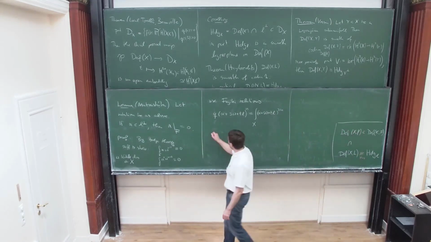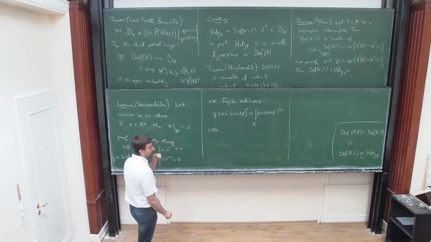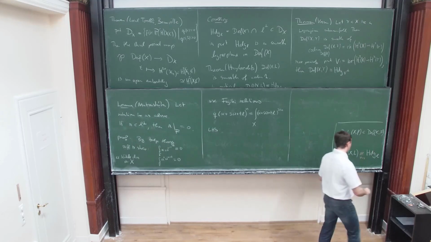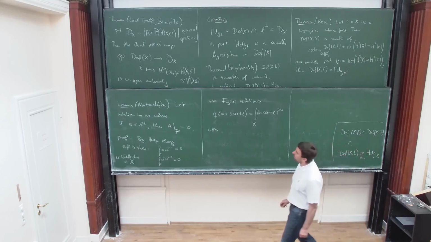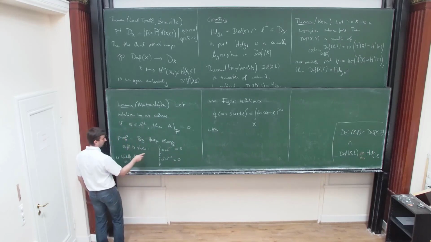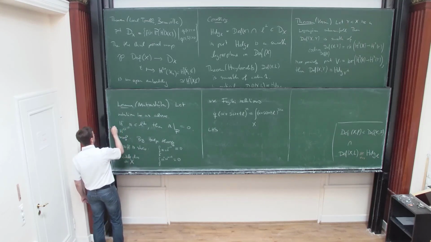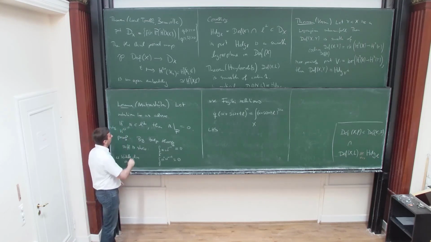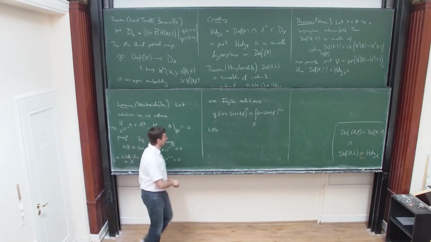Okay. So this alpha is supposed to be in H^{1,1} without loss of generality, because if it's in H^{2,0}, then it restricts to 0 anyway, because it's a Lagrangian fibration.